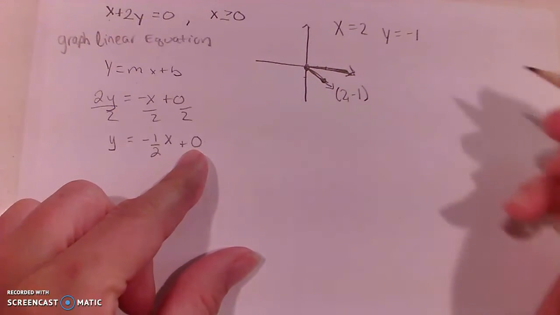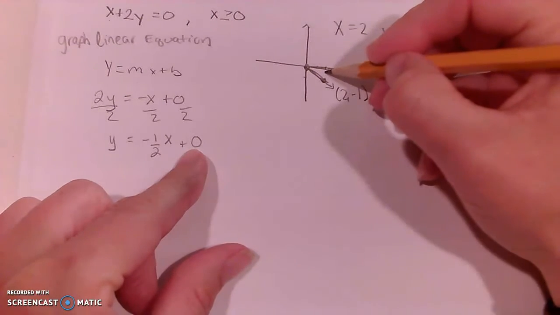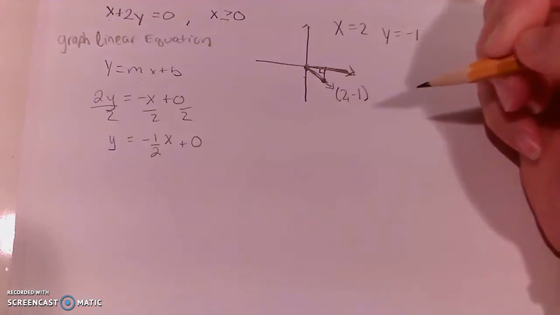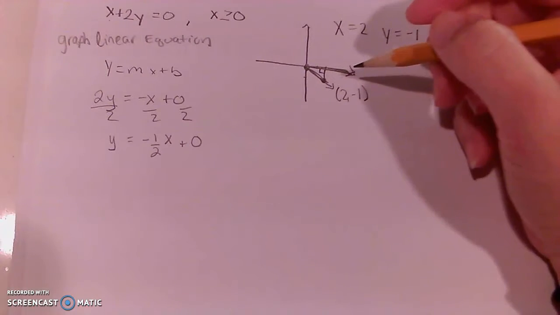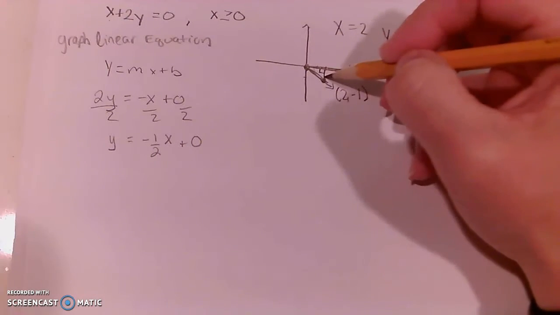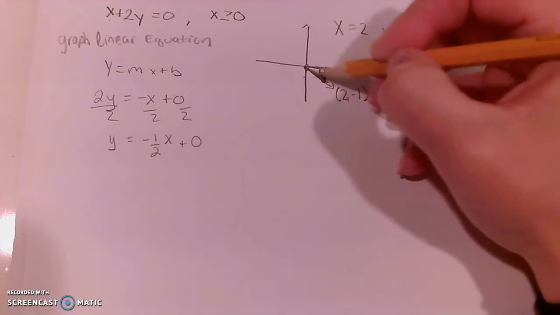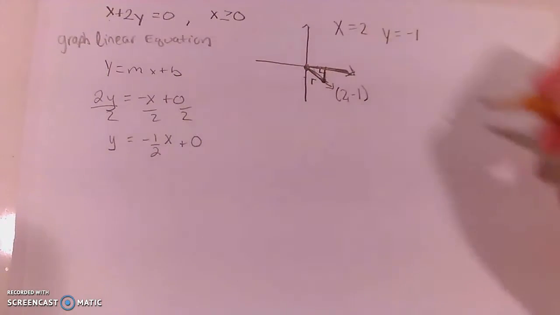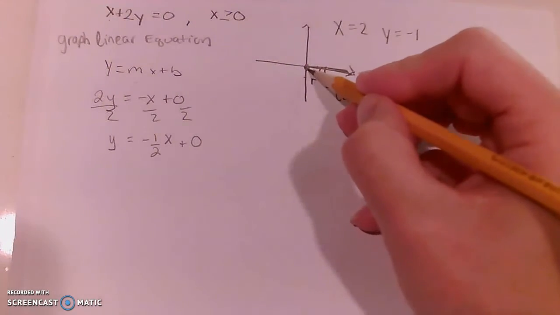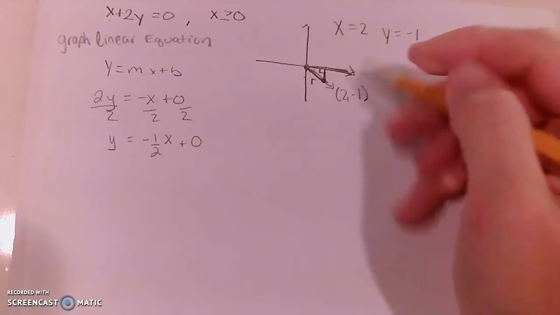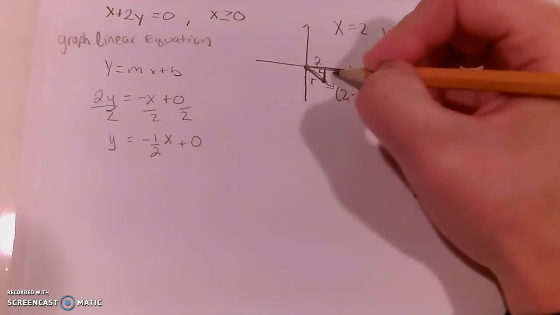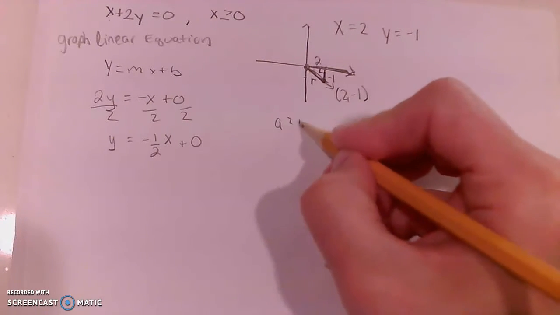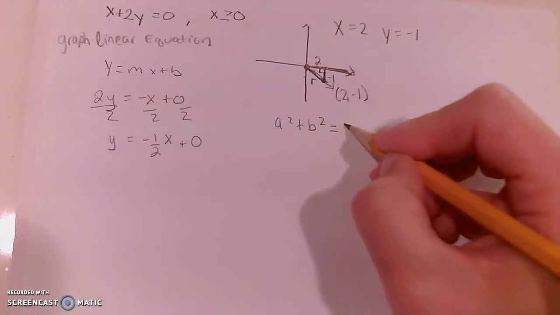We should know how to do all of those. What's happening is this is making a right angle here. And you could think of SOHCAHTOA, where sine is the opposite side over your hypotenuse. That gets me thinking, I need r, this value here, my radius or my hypotenuse. This value is 2, this value is negative 1. So I need to do a squared plus b squared is c squared, the Pythagorean theorem, equals r squared.